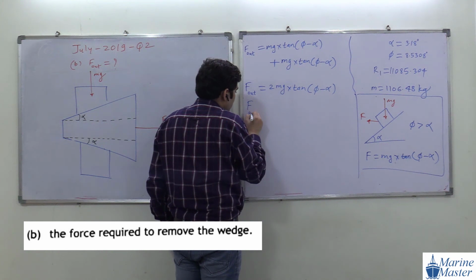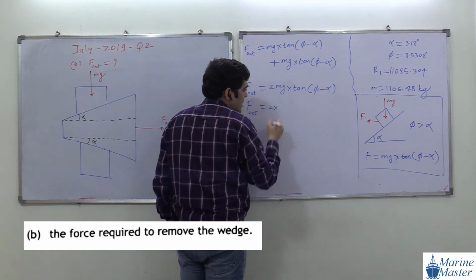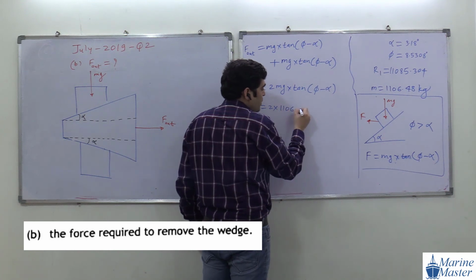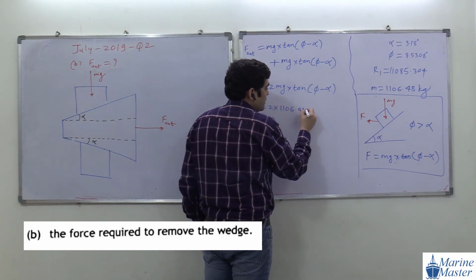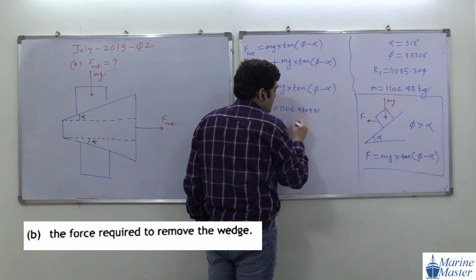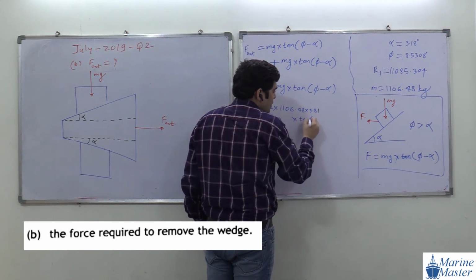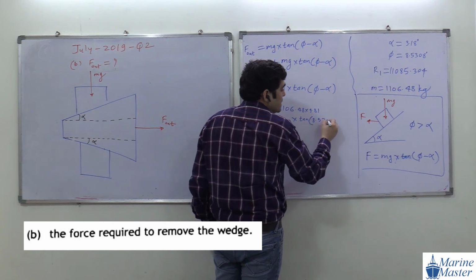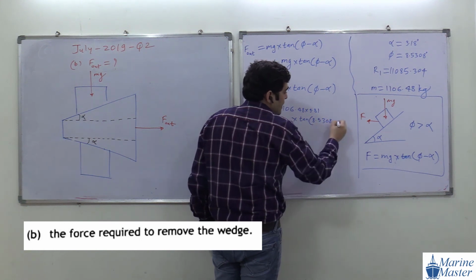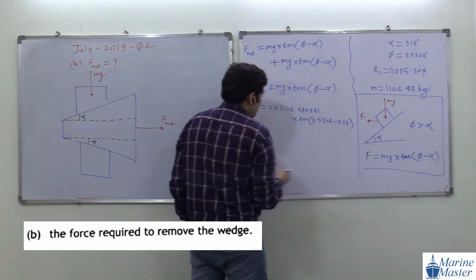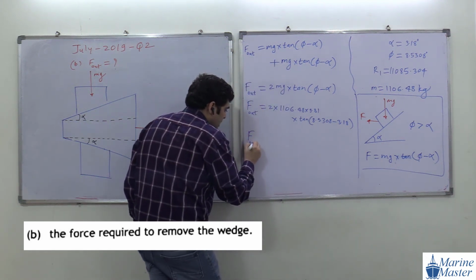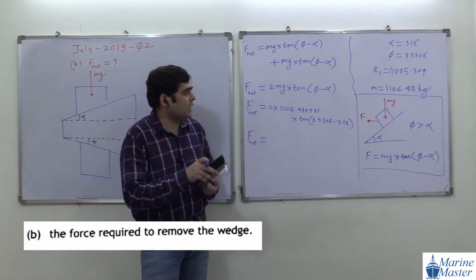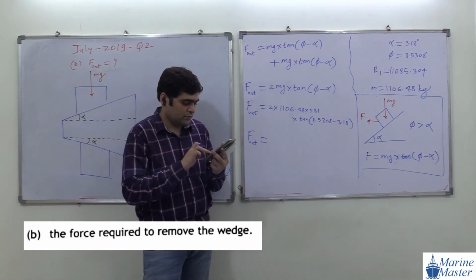So F out equals 2 times mass, 1106.48, times g, 9.81, multiplied by tan of phi, 8.5308, minus alpha, 3.18. Please everyone do the calculation and tell me the value of force out.